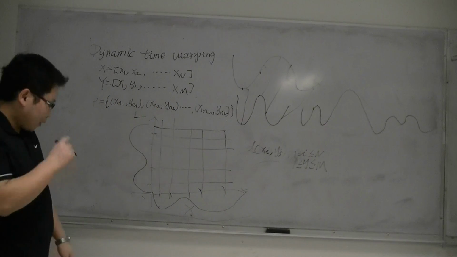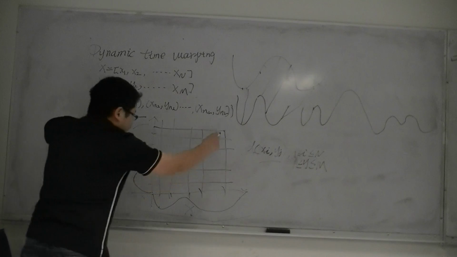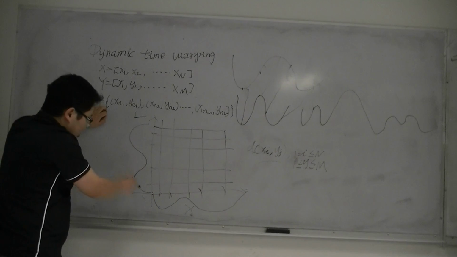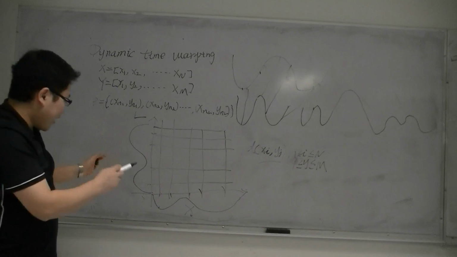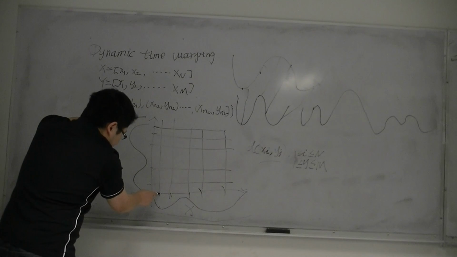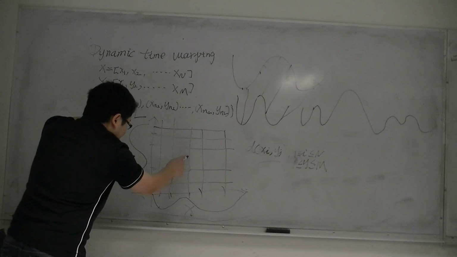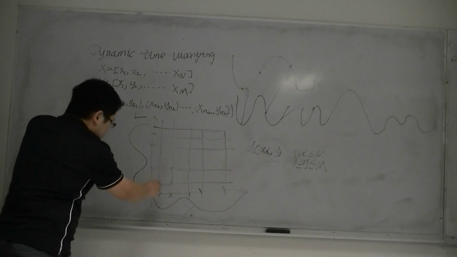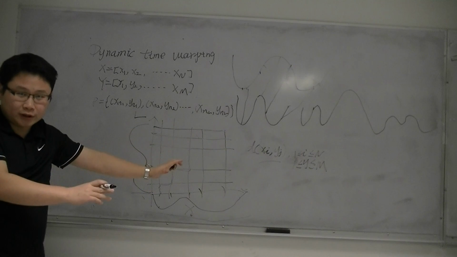So I will find a path from this point to this point. This is the start of the two signals, and this is the end of the two signals, and find a match in the path, for example this path or this path here. Together, every point is selected to have the best match to the two points.